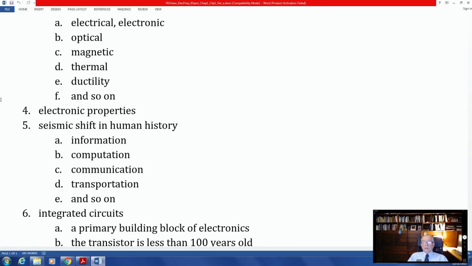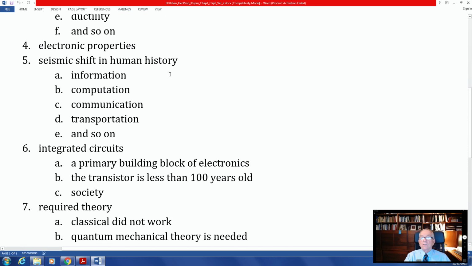It's hard to think of something that isn't being affected, and there's a short list here: information, computation, communication, transportation, and the list goes on. You can't step in a hospital without seeing electronic equipment all over the place to help the MDs do their job. Navigate an airplane, you're going to have these circuits involved.